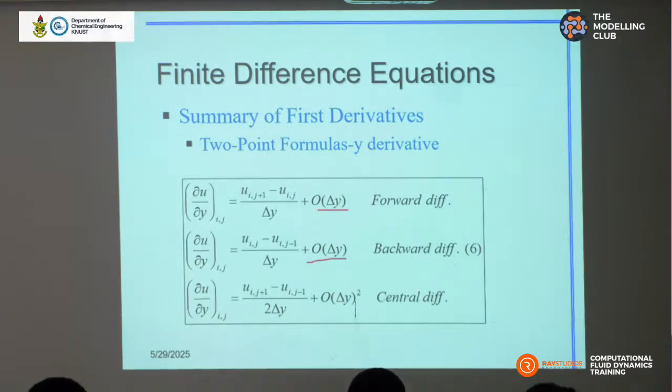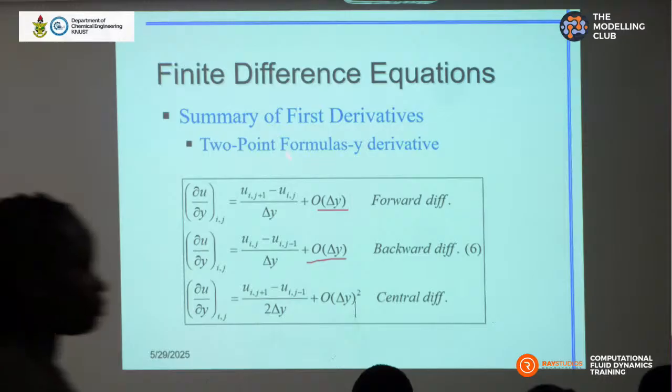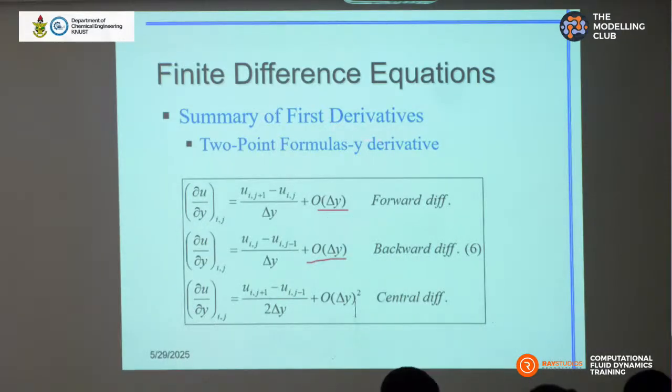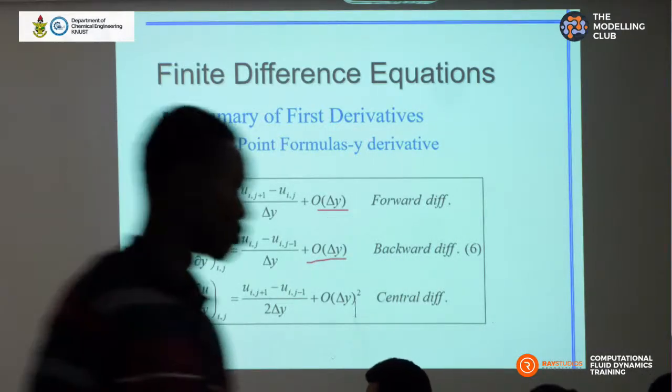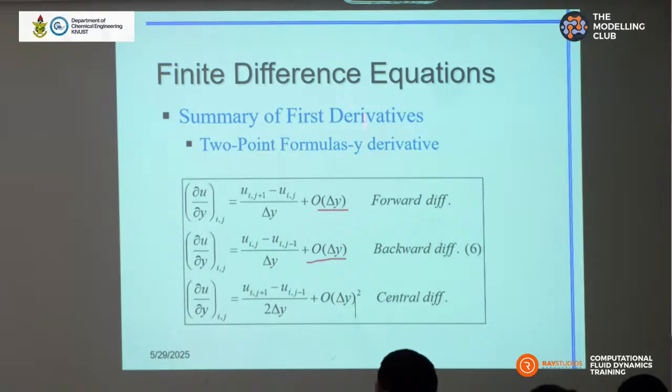In summary, these are the so-called 2-point formulas. Just as we derived the first derivatives in the x direction, we can also derive the first derivatives in the y direction.